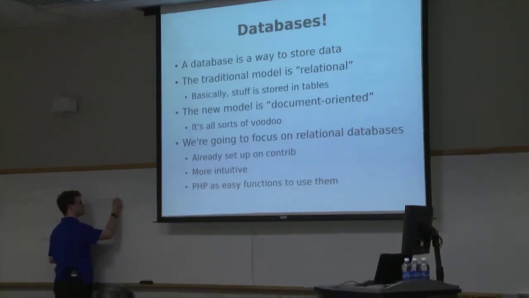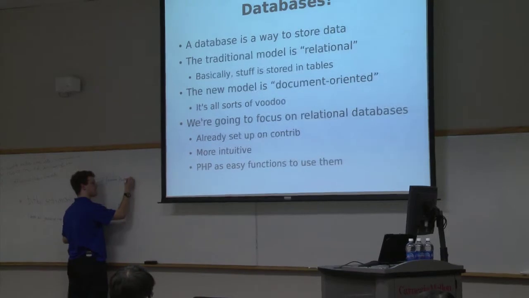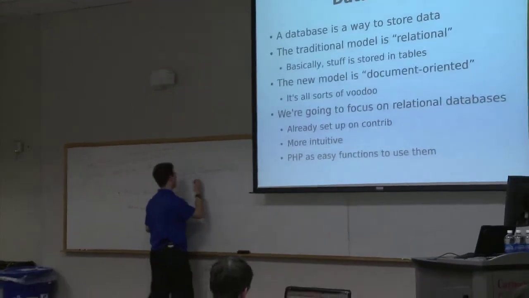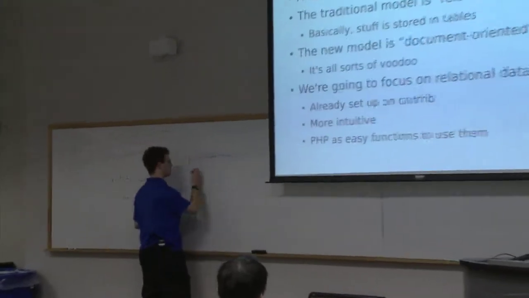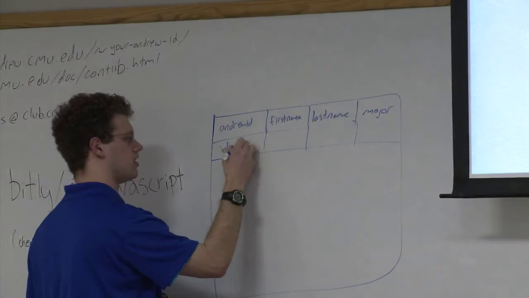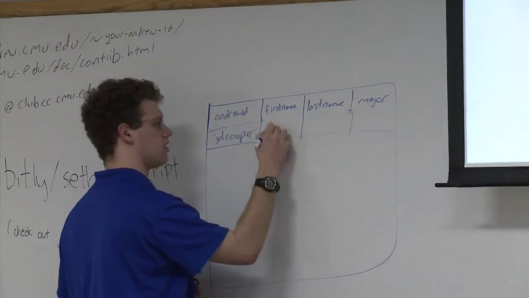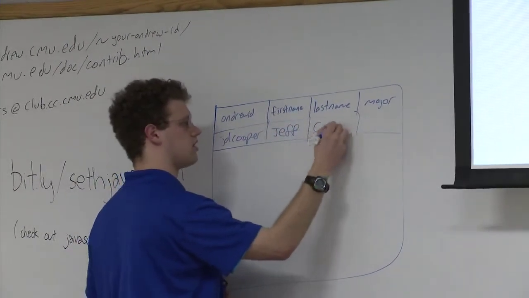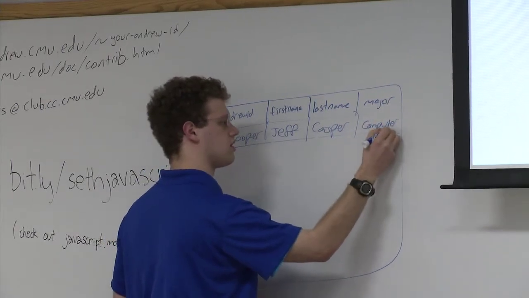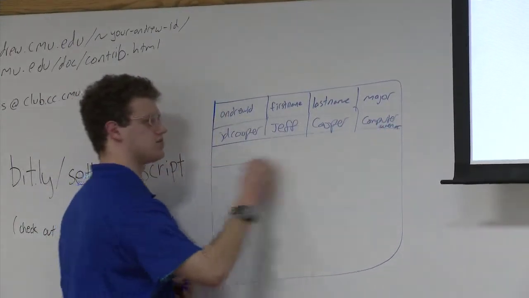And the next column can be their last name. And then we can do their major, why not? And then every time you add a row, you could just add some information. You can say, okay, well, I'll put myself in there. And then you can just keep adding stuff.